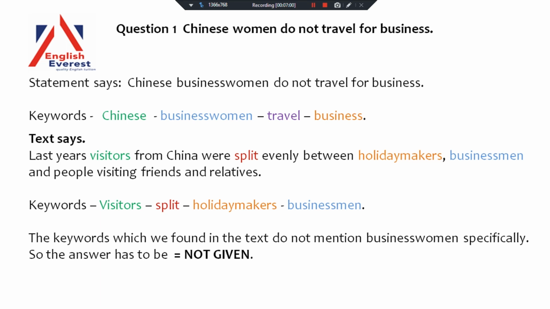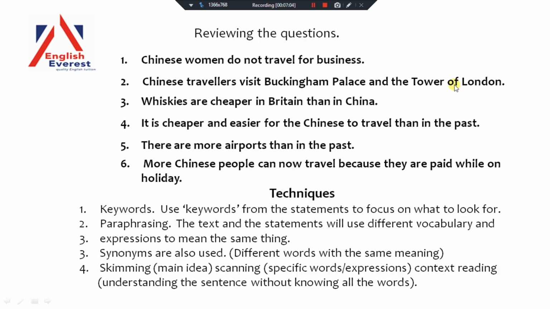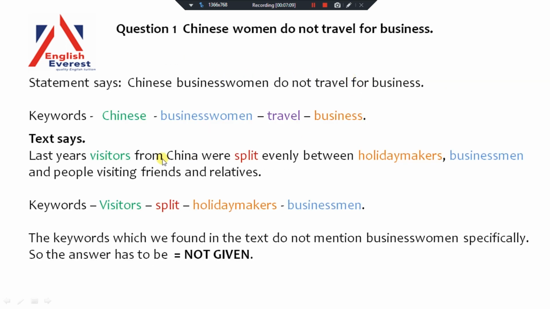So the first question, the statement says, if we go back, the statement says Chinese women do not travel for business. The text says last year's visitors from China were split evenly between holidaymakers, businessmen, and people visiting friends and relatives.